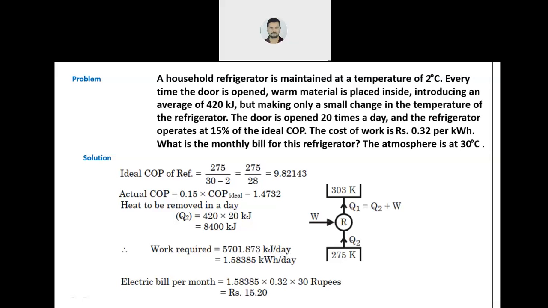Now, per hour, we have to find kilowatt hour. How will you find it? What is the relationship? Just see, I am going to describe it here in red color. What is joule and watt?